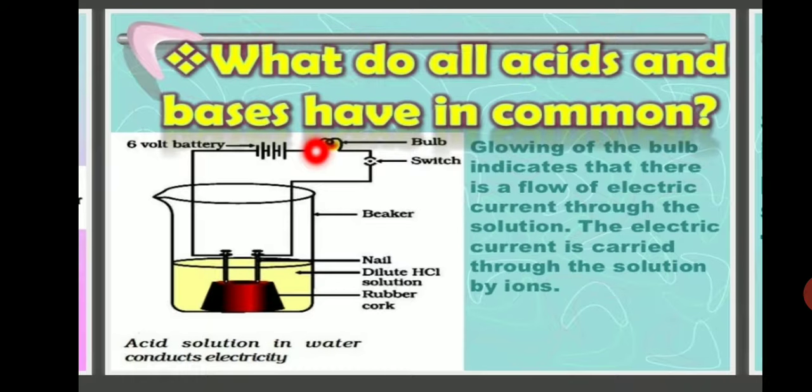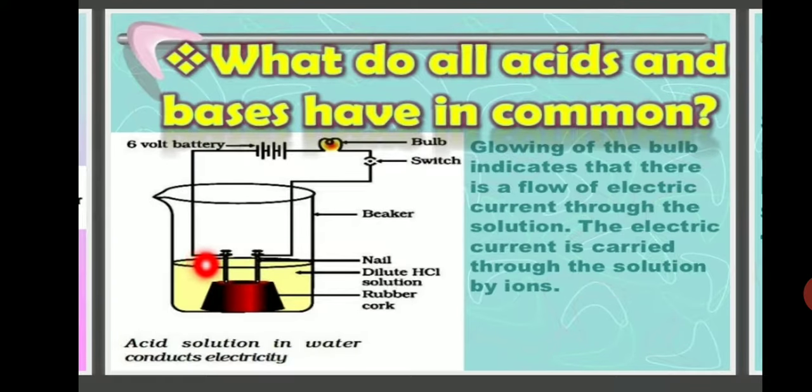What does it show? This shows that electric current has passed through the acid solution, as the acid helps to glow the bulb. We know that in order to conduct electricity, there must be a flow of charge. When we switch on the current, the electric current has passed through this acid solution.